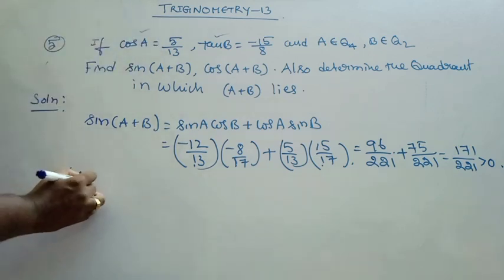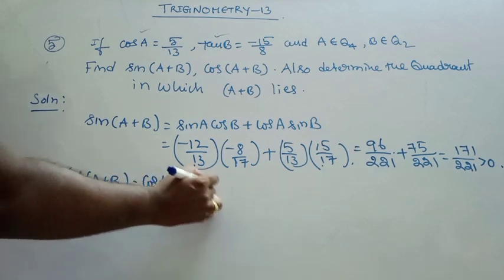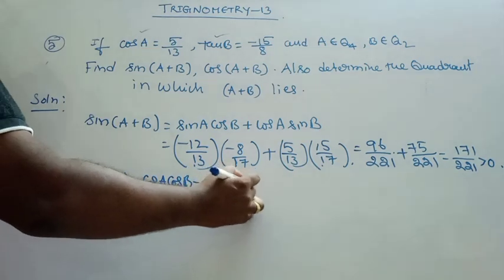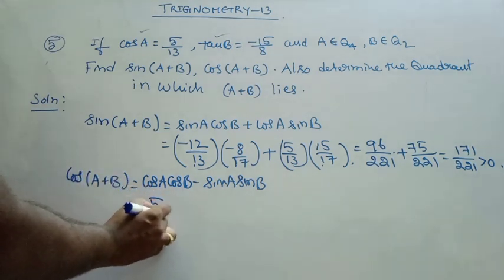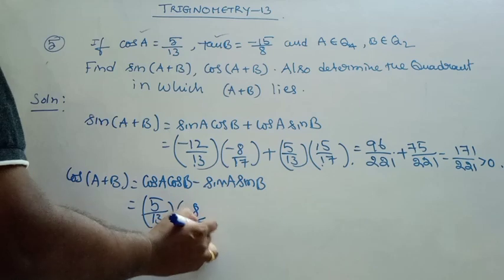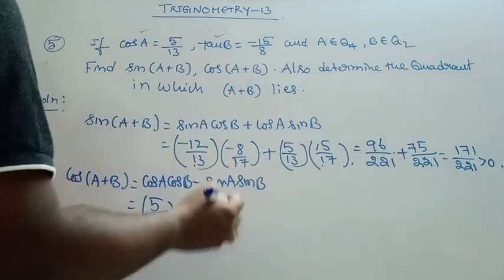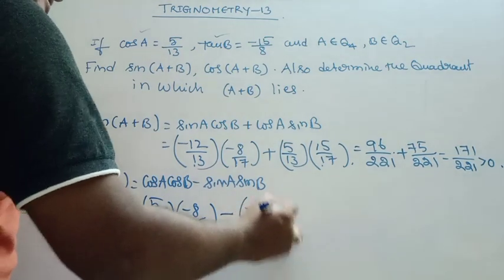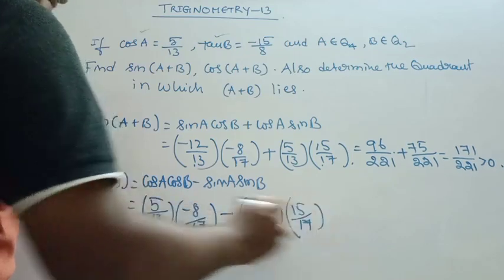Now next we find the cos(A+B) value. This is nothing but cos A cos B minus sin A sin B. Already you know that cos A is 5 by 13, and the cos B value is minus 8 by 17. Minus sin A value is minus 12 by 13, and sin B value is 15 by 17, and minus into minus is plus.